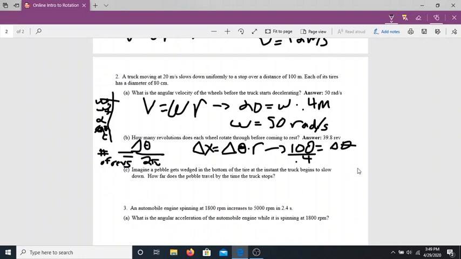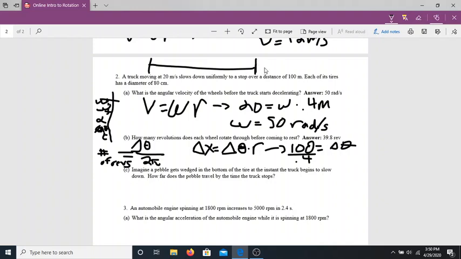And this question can seem kind of strange at first, but this is what it's saying. Let's say I get a pebble stuck in the tire, and I start to drive forward. Well, by the time I stop the truck, linearly speaking, the pebble has traveled, and we'll do it at the very top here, from where the truck started to slow down all the way to the end. So it's technically traveled 100 meters.